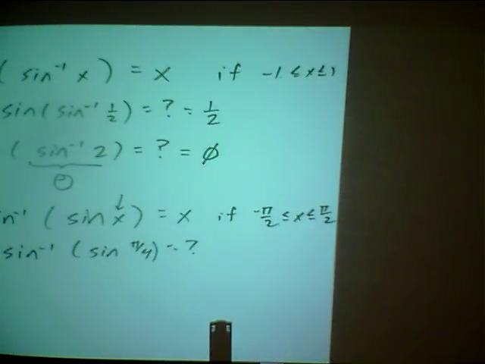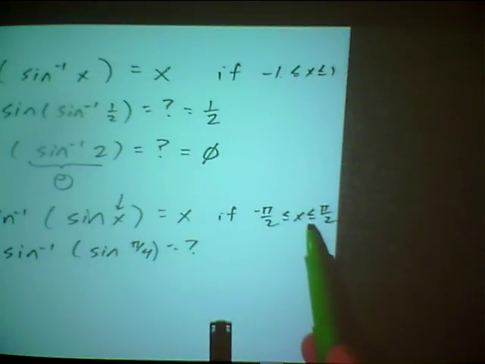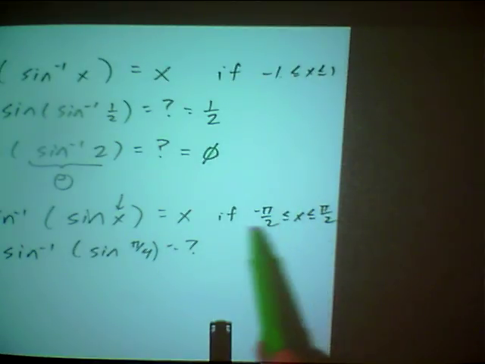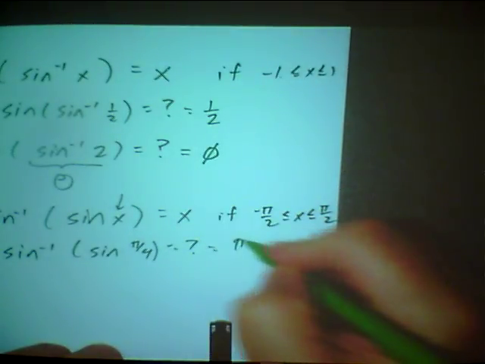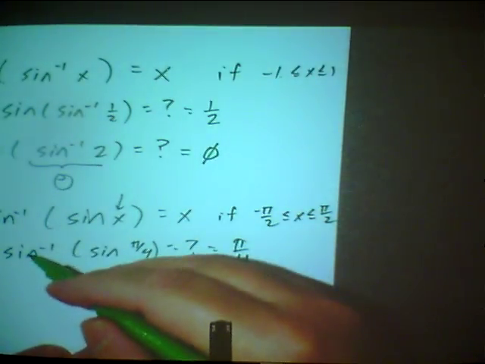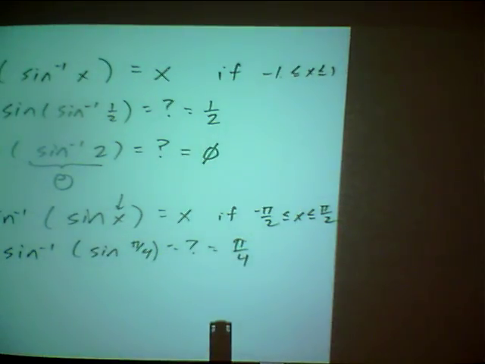I'm looking at the inverse sine of the sine of pi over 4. I check what's in my sine, and I see that it is within the allowed range for this cancellation function to work. Because of that, the inverse sine of the sine cancels out, and I'm left with pi over 4.